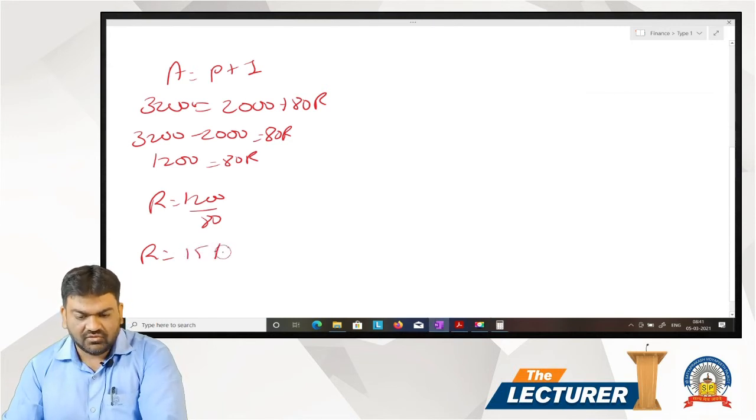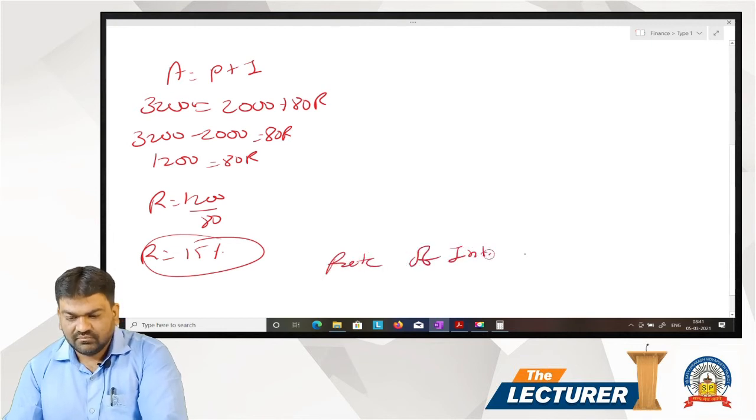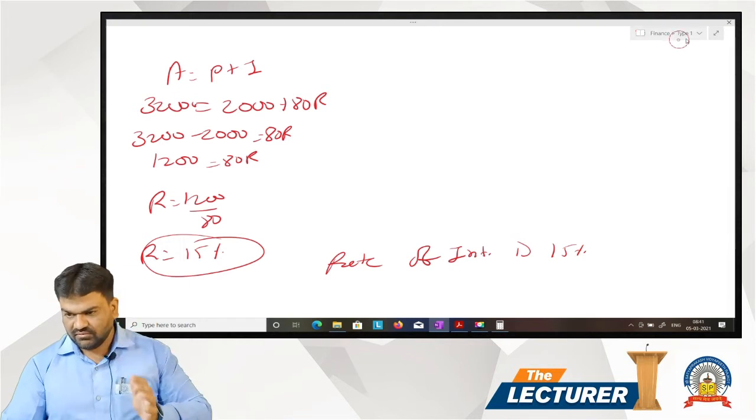R is equal to 15. So rate of interest is 15%. This is your answer.